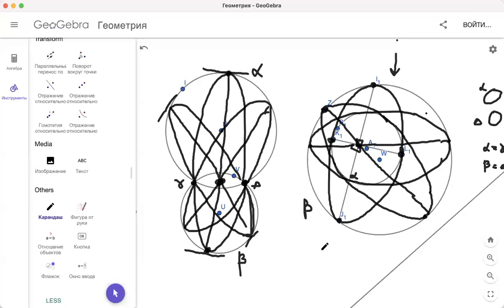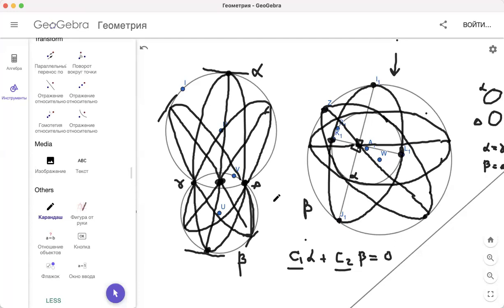If you have two circles, alpha and beta, you can consider a pencil of circles, a linear combination of circles, and a linear combination of circles is also a circle. For some values of these constants, you obtain a circle of zero radius, so a point.